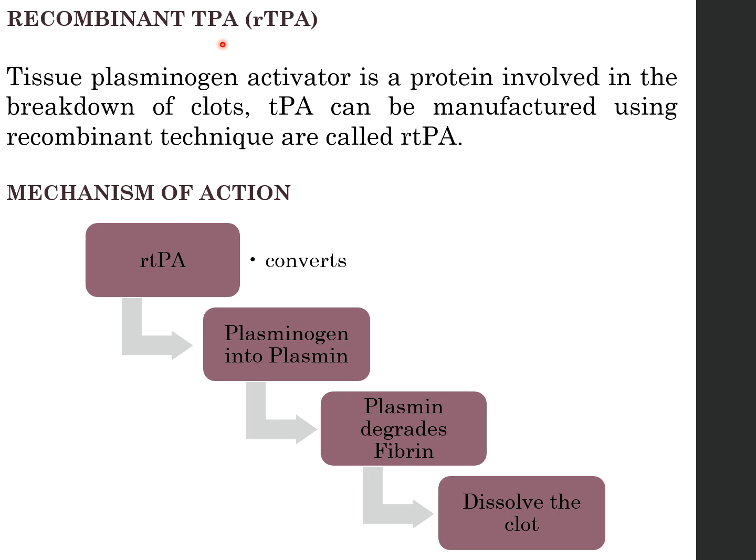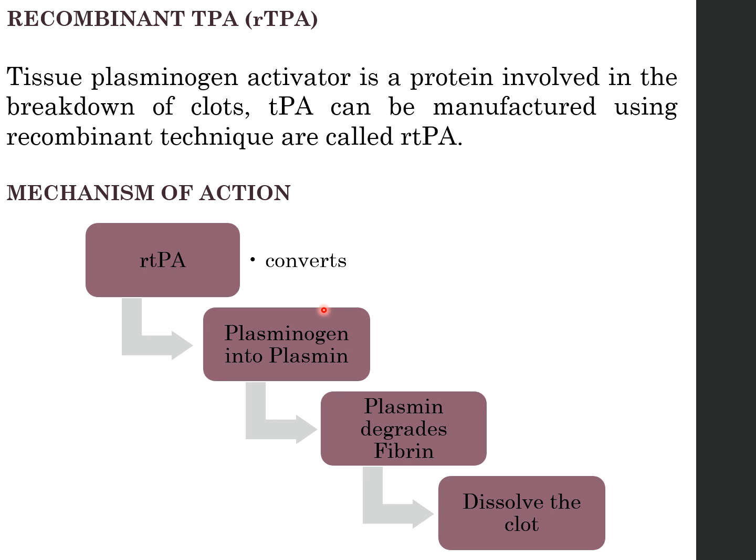The first generation thrombolytics like streptokinase or urokinase work by activating plasminogen, which is naturally occurring in the body. That plasminogen will be converted to plasmin by tissue plasminogen activator, a protein that acts as an enzyme and converts plasminogen into plasmin. This is naturally occurring in the body.